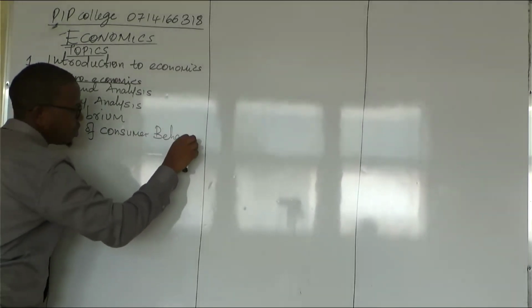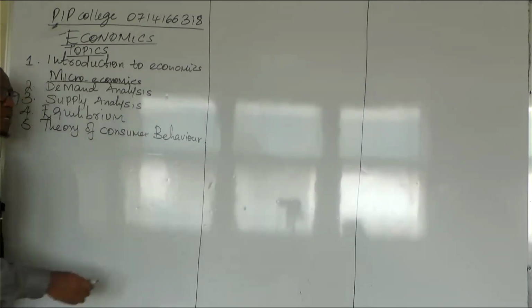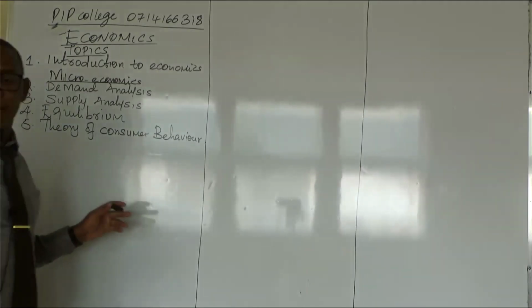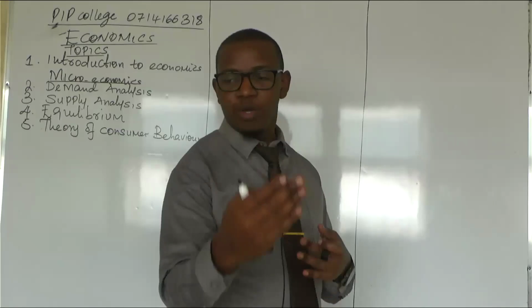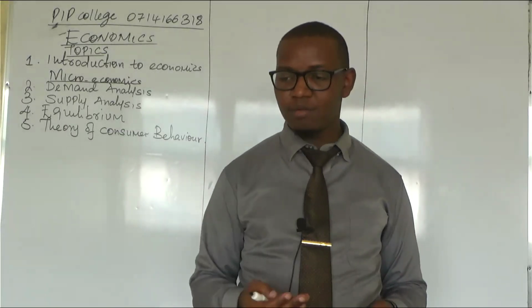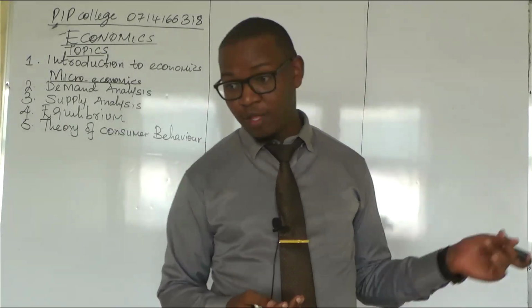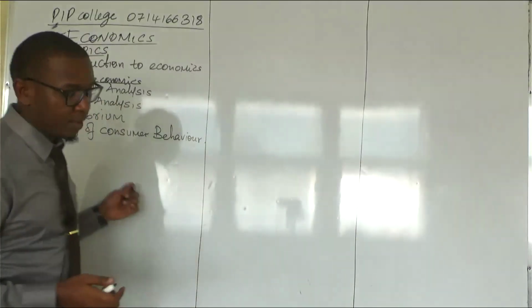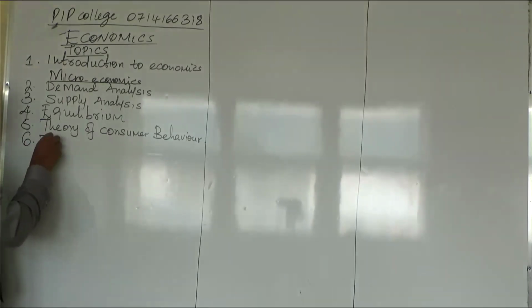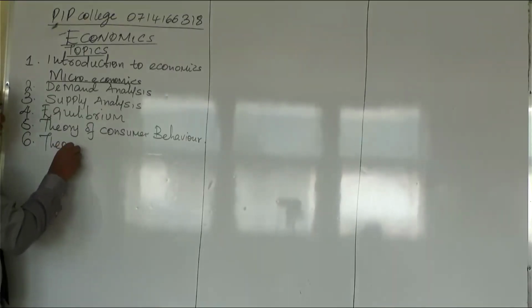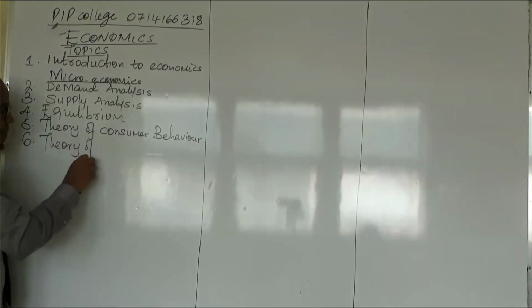Now, on the theory of consumer behavior, we'll be able to know the reason behind why an individual consumes goods the way it does. That is on the theory of consumer behavior. Number 6, we'll get to what we call the theory of a firm.